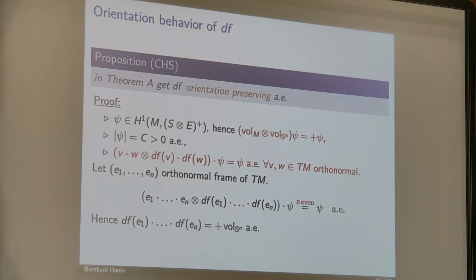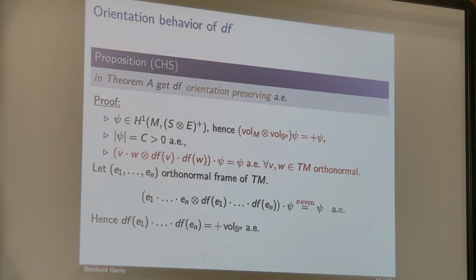The differential is orientation preserving almost everywhere, and for this we play around with chirality. This is a very important tool in the spinor geometry. So we have the plus and minus part, and these are actually defined by the action of the volume element in the Clifford algebra, which splits the spinor bundle into the plus and minus one eigenbundles, and the same with the sphere.